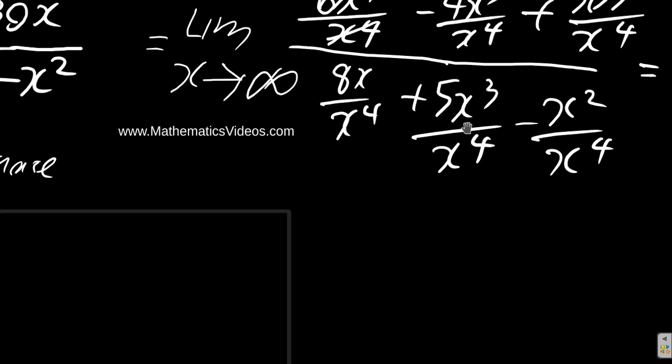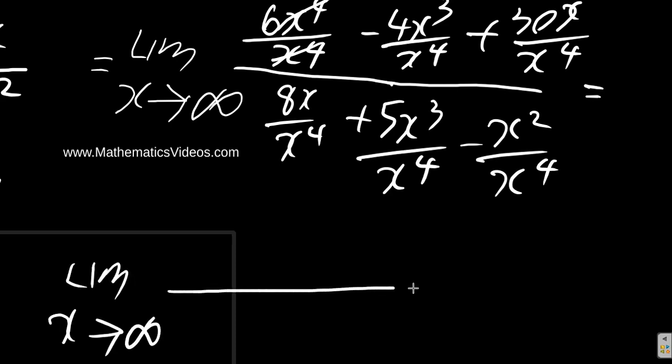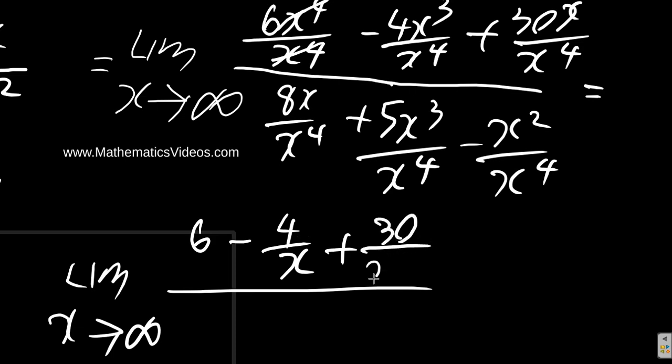Remember the limit. Let me write the limit as x tends to infinity further down so we have space. You have 6 alone left because x to the fourth cancels. x cubed over x to the fourth will be minus 4 divided by x when you cancel out the x's. Plus 30x over x to the fourth will be 30 divided by x cubed.